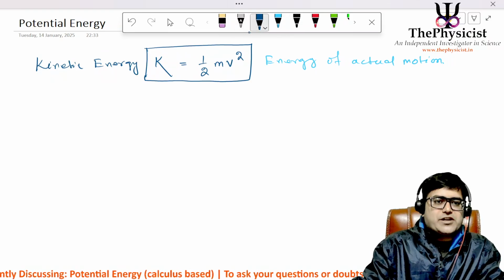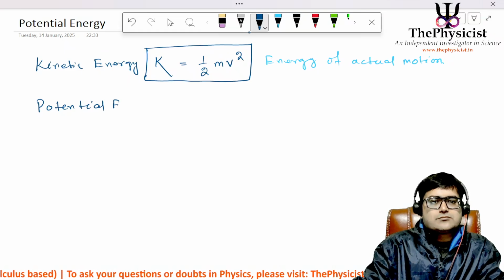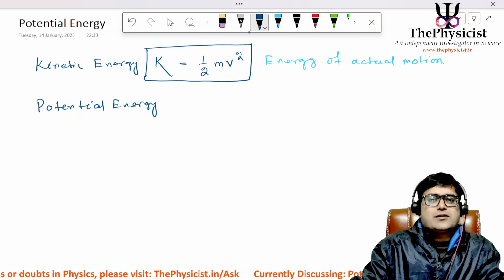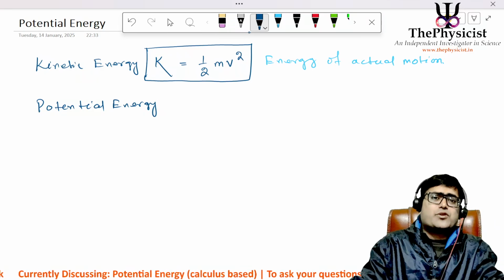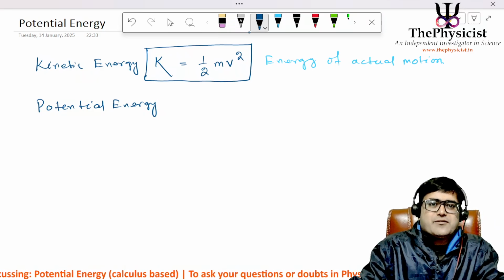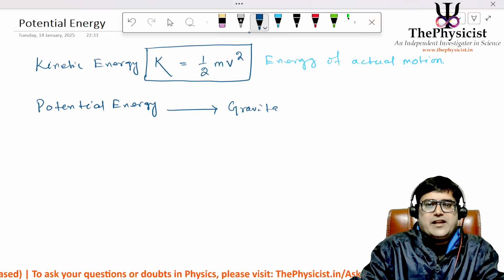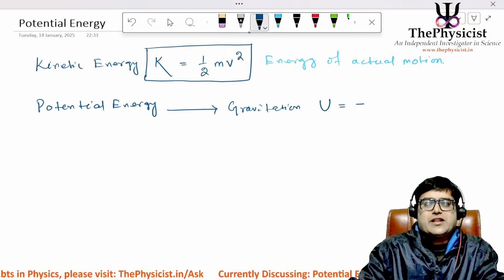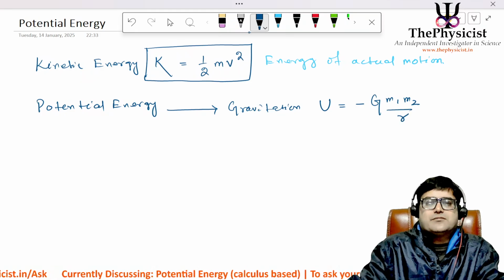But when it comes to potential energy, the formula is not the same. There is no unique formula for this, right? For example, in the context of gravitation, the potential energy becomes negative G m1 m2 over r.